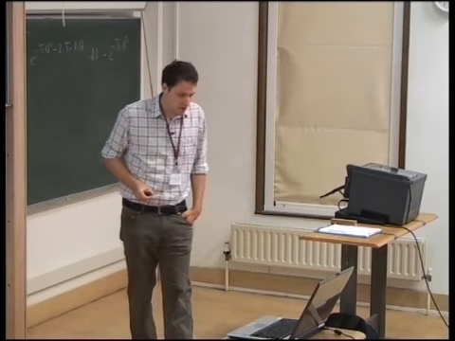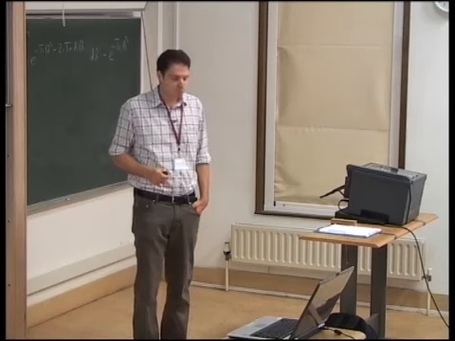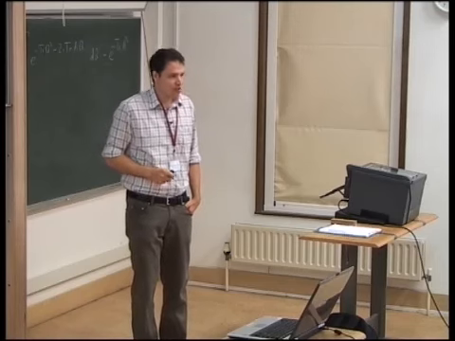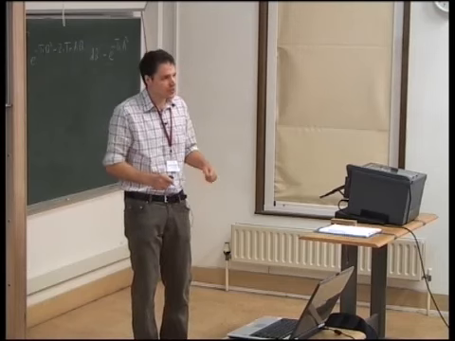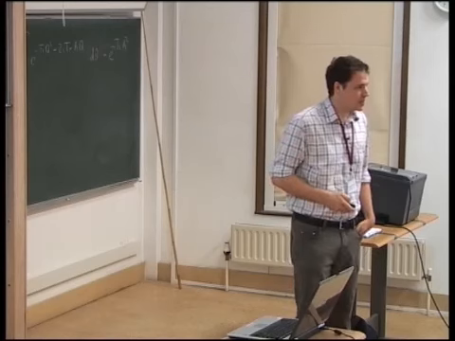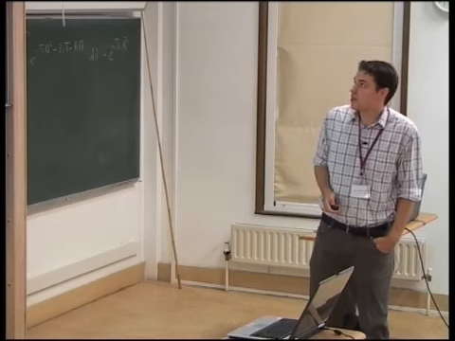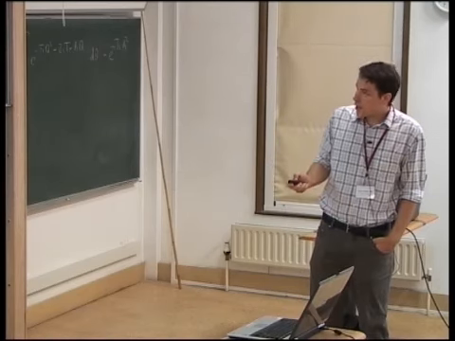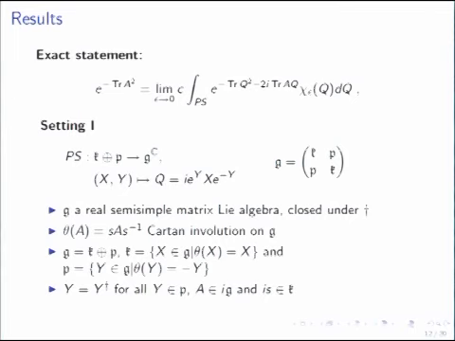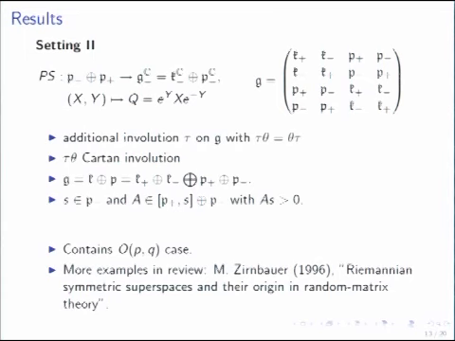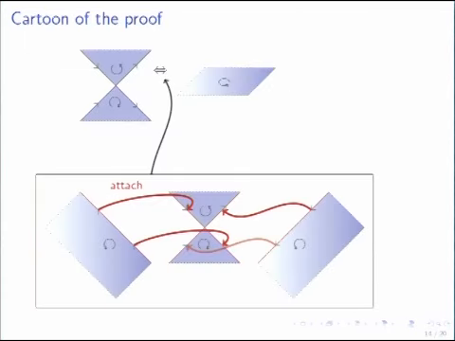Now I want to give you a sketch of the proof, but I won't give you all the detailed formulas, just the main ideas and, as I said, the geometric intuition behind it, and it will be done for the first setting. So, first a very rough cartoon version.